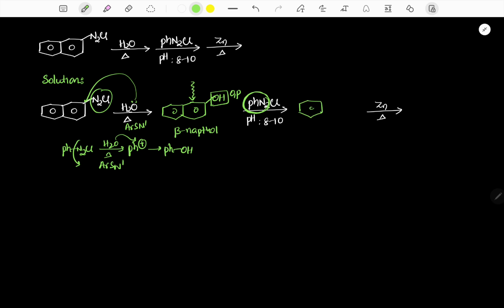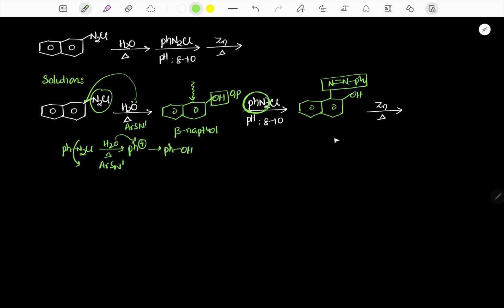Therefore, the corresponding product has OH at the beta position and our electrophile, N double bond N Ph, at the alpha position. Now it is heated with zinc.